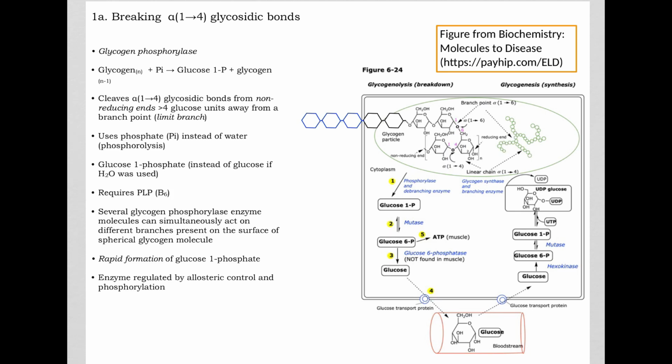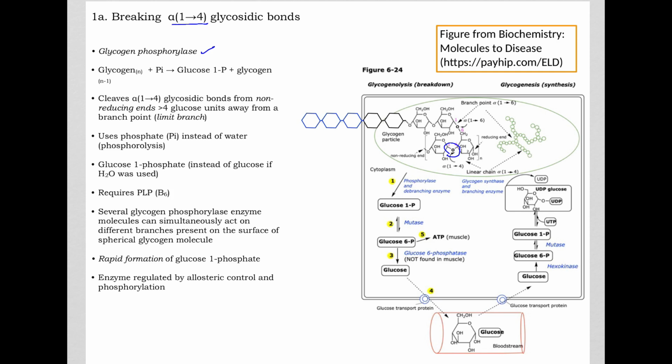So let's look at the breaking of the alpha-1,4 first. How do we break this alpha-1,4 glycosidic linkage that joins the glucose units in glycogen? This is carried out by the enzyme glycogen phosphorylase.